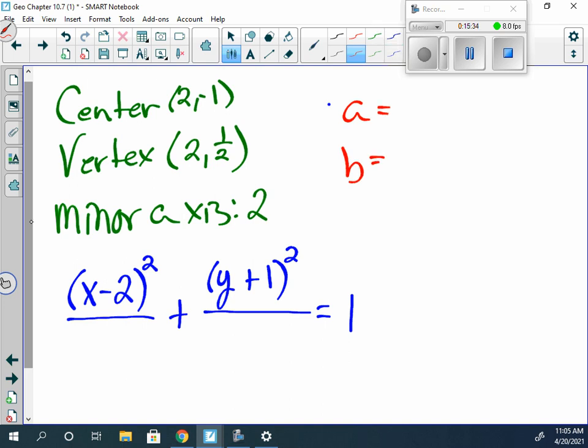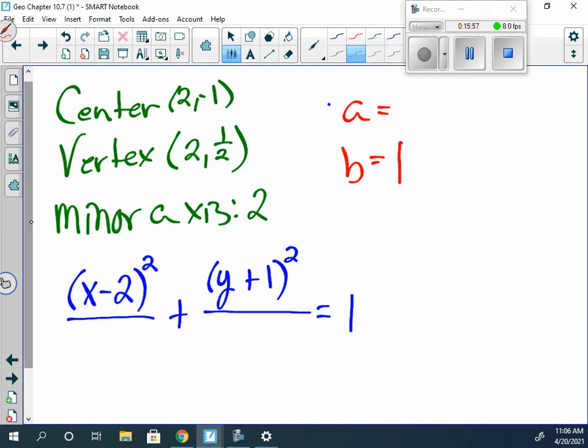If the minor axis length is 2, B is 1. Now we need to find the value of A. Now, when we look at this here, the vertex, as we said, is always along the major axis.